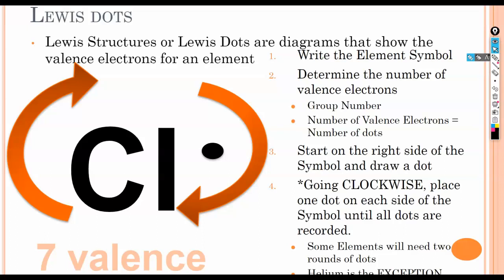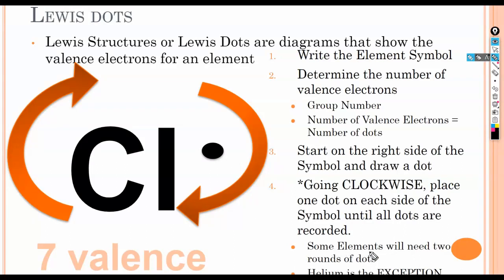That means I should have 7 different dots around the chlorine, which I don't have here, but this is not a complete Lewis dot structure. Then you start drawing dots starting on the right side of the symbol. You draw a dot, and then you go clockwise and you put 1 dot on each side of the symbol until all of the dots are used up.